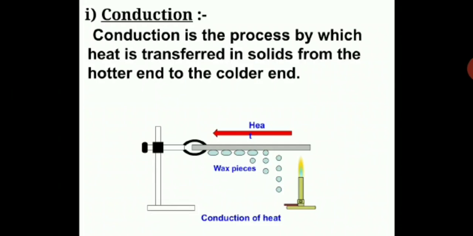The wax pieces which we have already stuck to the iron rod will transfer heat, as the particles of the iron rod will gain energy because we are supplying heat from outside, externally. So the iron rod will receive heat energy, the particles will transfer heat, and one by one wax pieces will drop because they will start melting and drop.